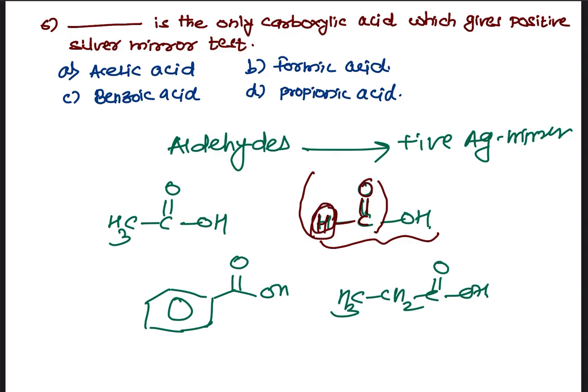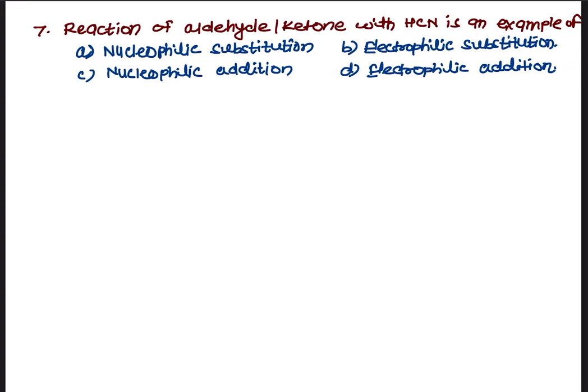So only formic acid gives a positive Tollens reagent test. Answer is formic acid, because for Tollens reagent test C double bond OH is required. Answer is formic acid.